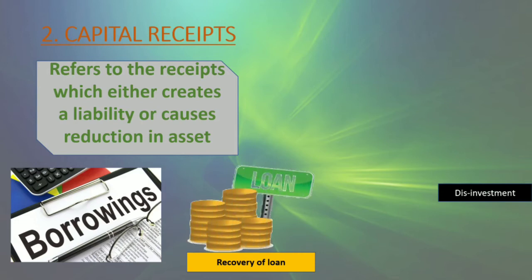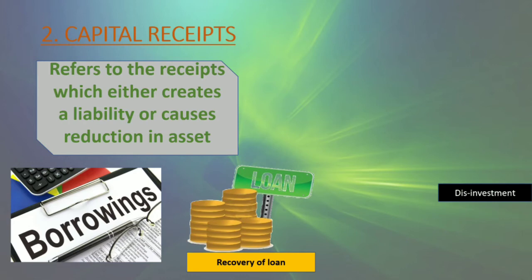The next example I have is the recovery of loan. Now let me explain this. Recovery of loan means, let's say the central government has given a loan to states and union territories. When we give a loan to somebody, that person becomes the debtor for us. Debtor means the person who owes us money. So when they recover their loan, our money has come back.